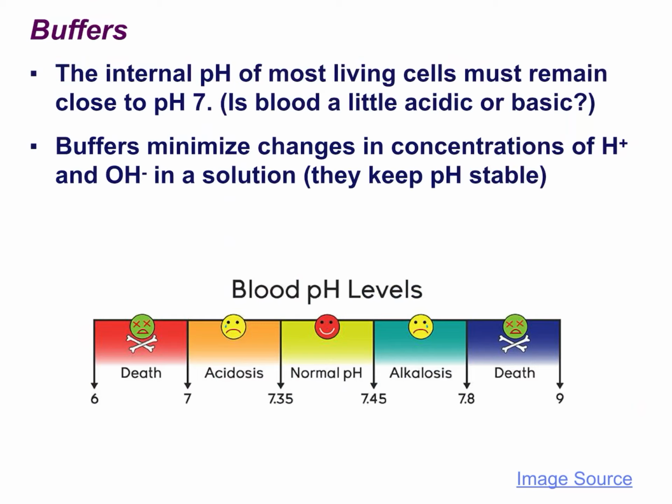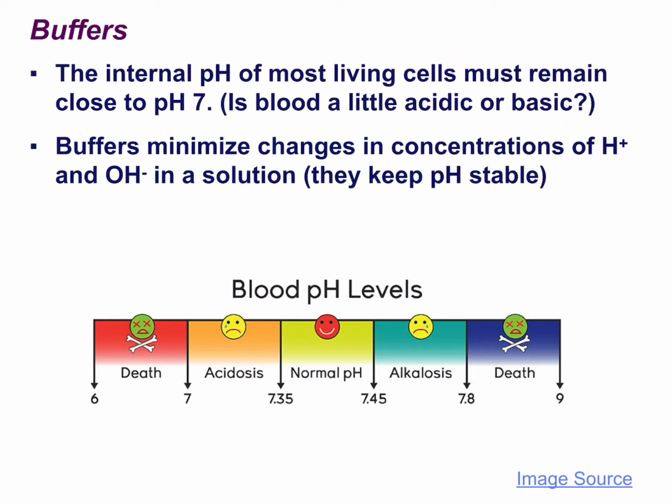Like your stomach, for instance, operates at a more acidic pH because it needs that stomach acid to help it break up food. Our blood, on the other hand, needs to operate at a more neutral pH. If blood becomes too acidic, that's bad. It could lead to death. If it becomes too basic, then that will also be bad for us.